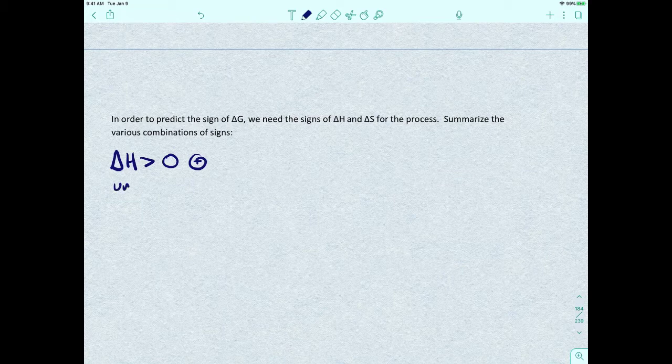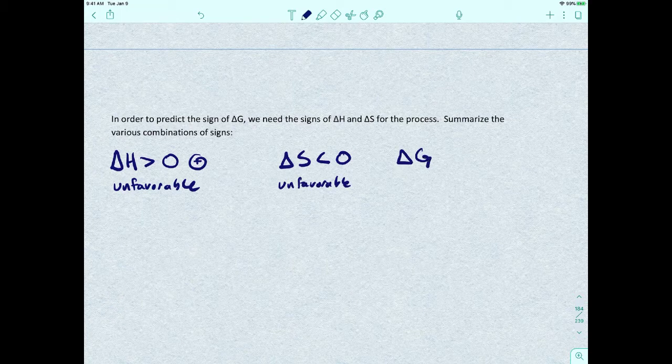So that means delta H is unfavorable because it's endothermic, okay? Now, if delta S is negative, so delta S is less than 0, that also is unfavorable, okay? Delta G will be greater than 0, and so that will also be unfavorable.